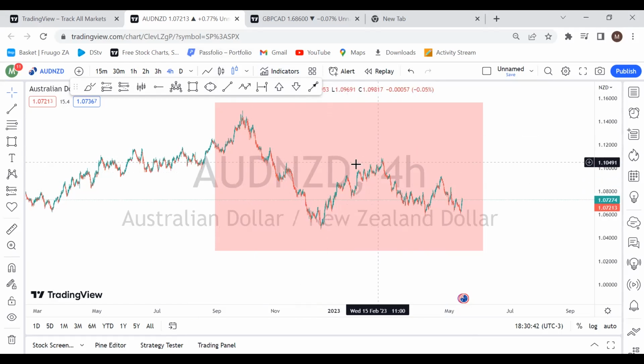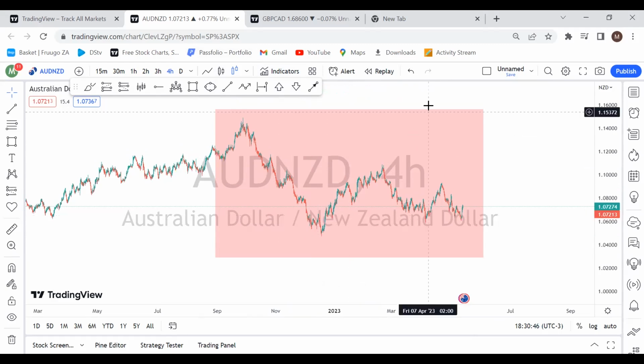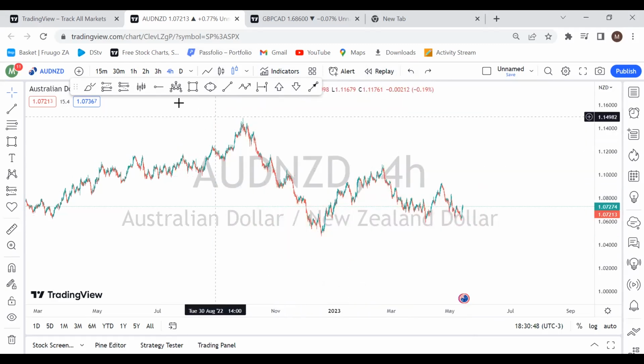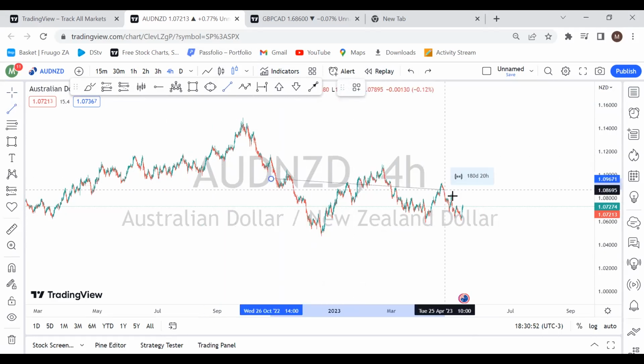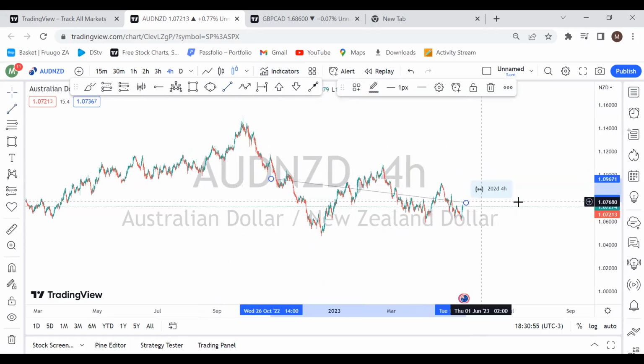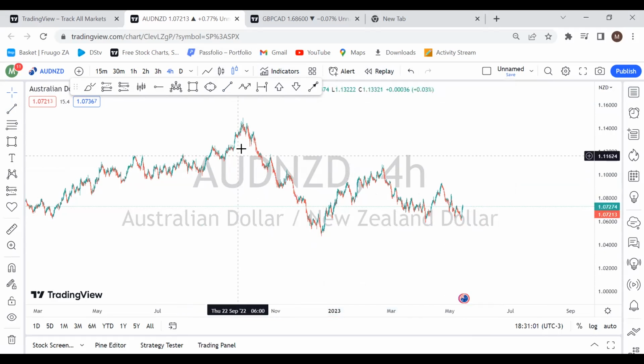So in this case, let me just remove this. We have the price kind of forming the structure right here, right? So we need to figure out what kind of structure this is.